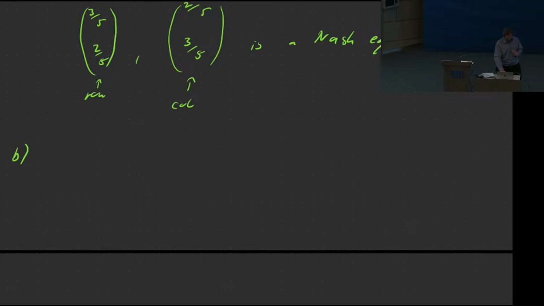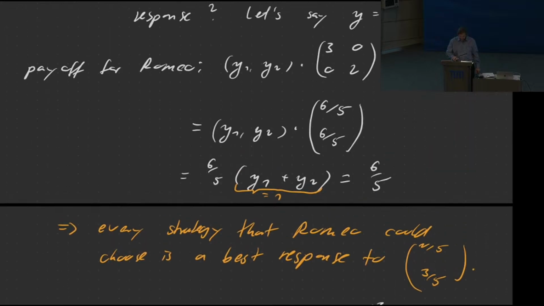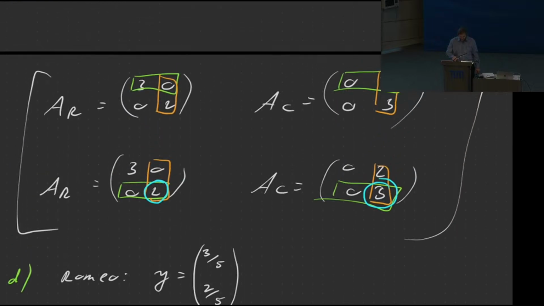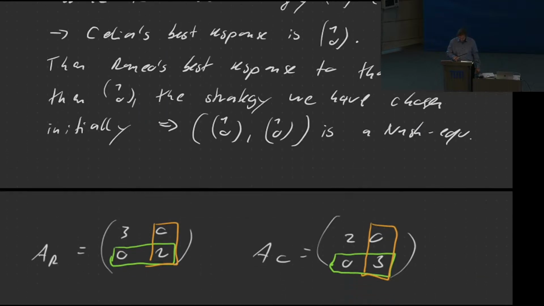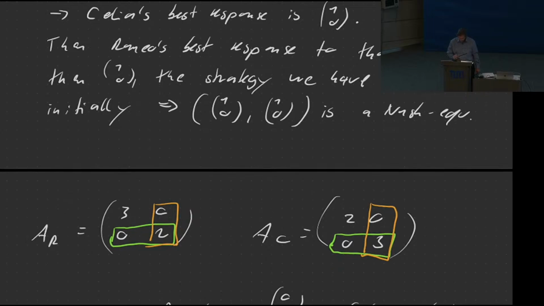So let's take a look at the second question. Is Battle of the Sexes actually a zero-sum game? The answer is it's not a zero-sum game. So most of you are right. Again, in a zero-sum game, what one player gets, the other loses. And if you look at the payoff matrices here, those are the original payoff matrices, I think. So for example, in this situation, Romeo would get 3.